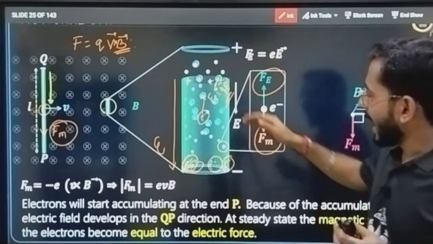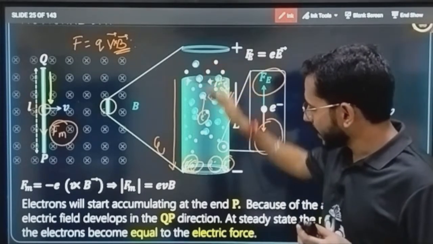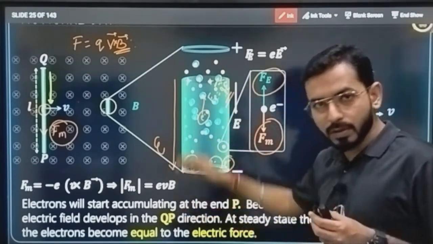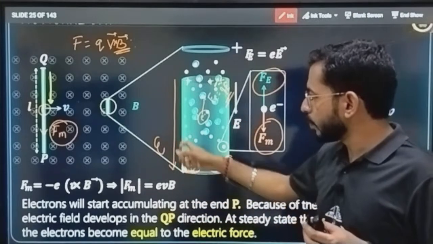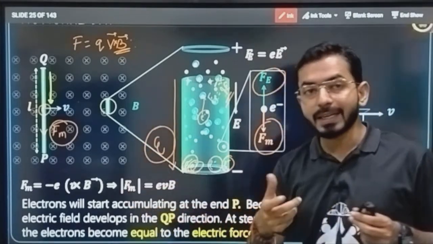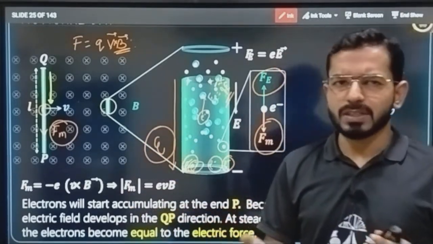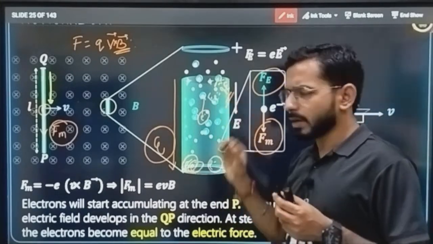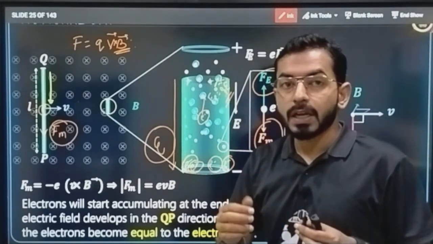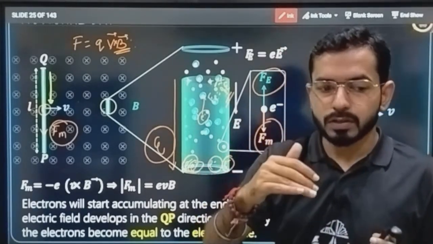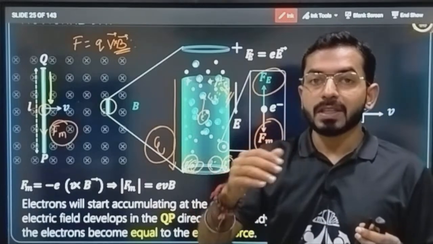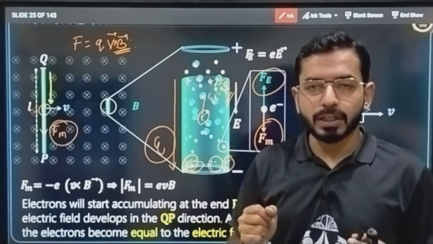Now see, as soon as electrons start getting collected, the more electrons are collected in the downward direction, the stronger this electric field gets. Initially only a single charge was there, so you write 1 into q. Now 2 electrons, 3 electrons, 4 electrons. That means slowly this electric field magnitude is increasing.